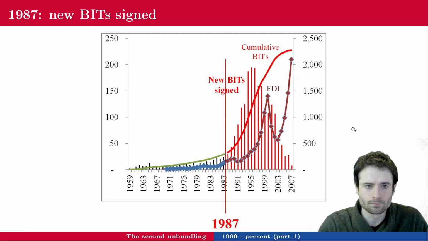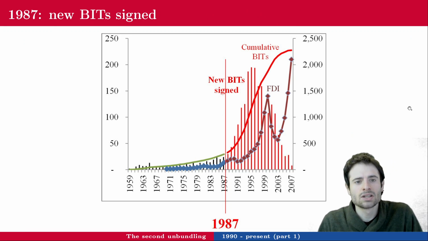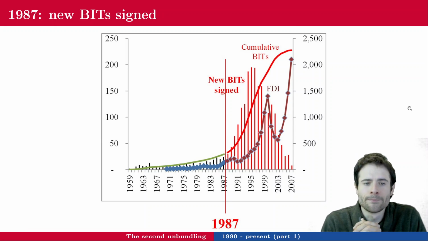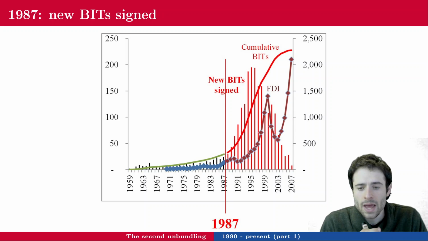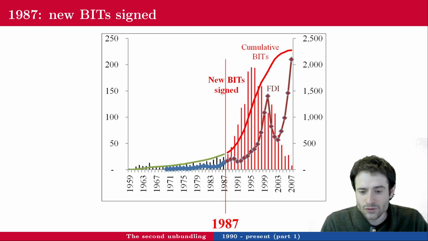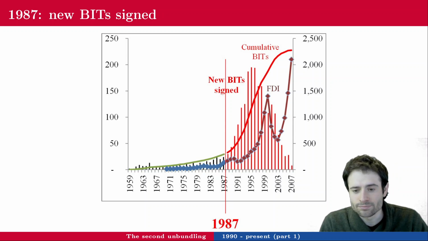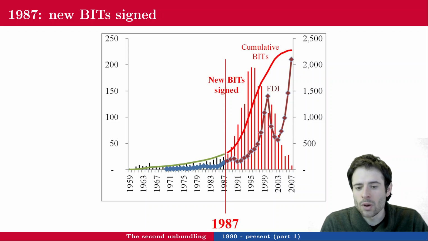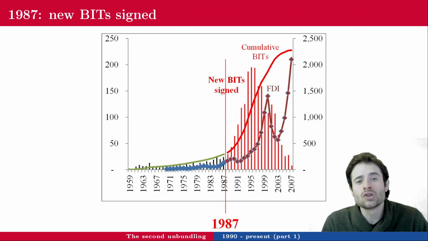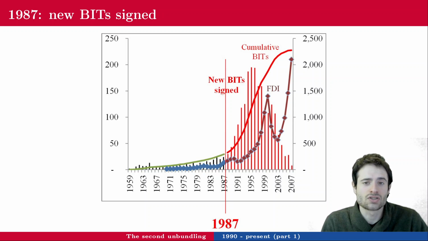Okay, so let's look at those BITs being signed over time, and in particular you can see that after 1987, rather beginning in the 1990s, the number of BITs increased a lot. In fact, you can recognize again some exponential curve due to the decrease in communication costs.